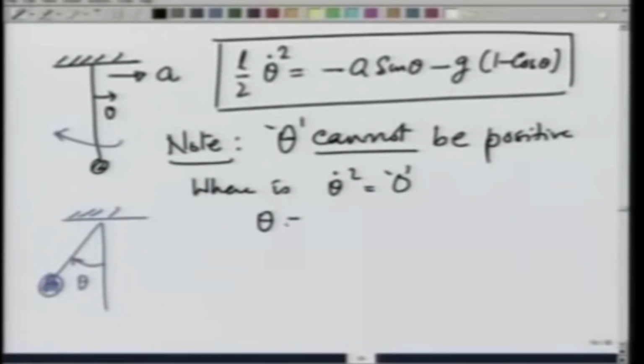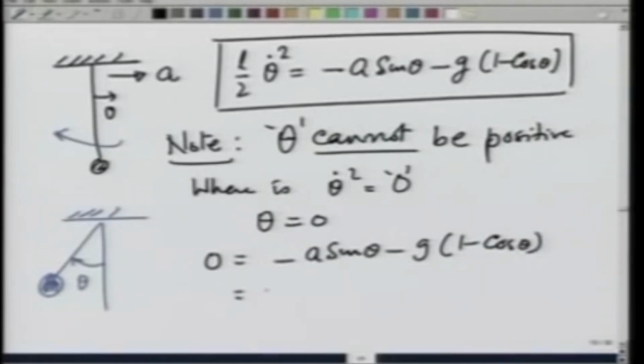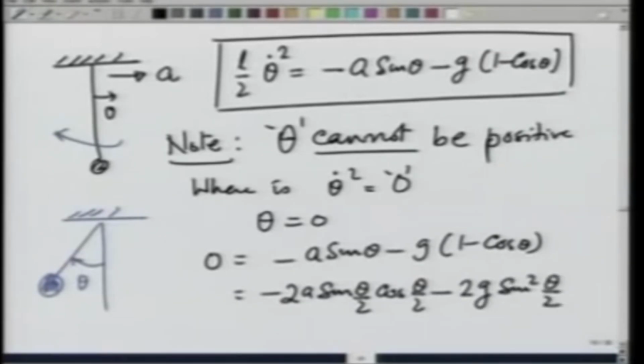One answer, of course, is theta equals 0, which point we started with, and the second point is going to be 0 equals minus a sine theta minus g (1 minus cosine theta), which I can write as minus 2a sine theta by 2 cosine theta by 2 minus 2g sine square theta by 2, and that gives you, okay, let us see, this sine theta by 2, one of them drops out, this 2 drops out, and that gives you tangent of theta by 2 equals minus a over g.